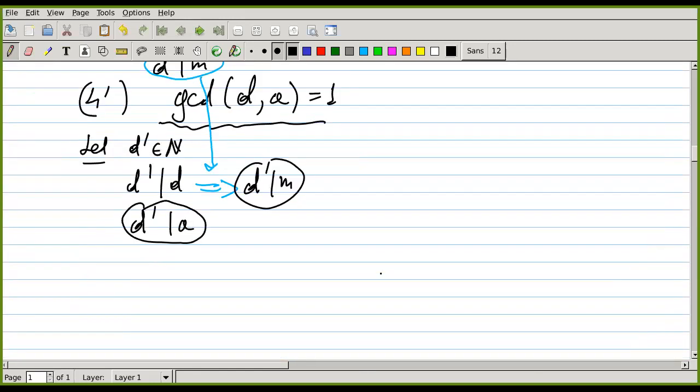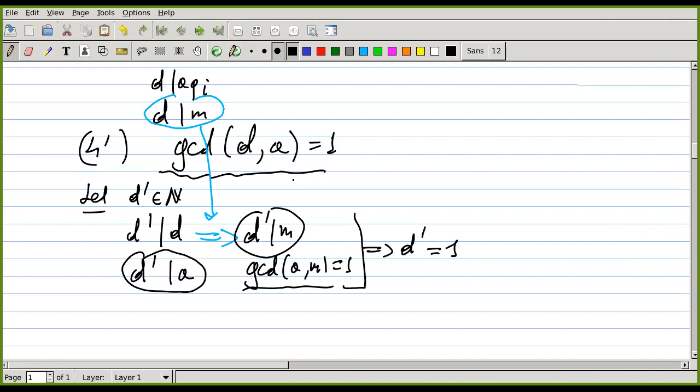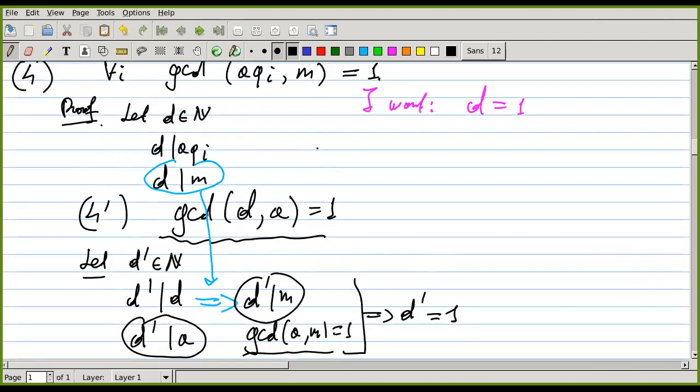So as the greatest common divisor of a and m is 1, that means that d' is what? 1. It is necessarily 1. So every common natural divisor for d and a is just 1. So d and a are co-prime.